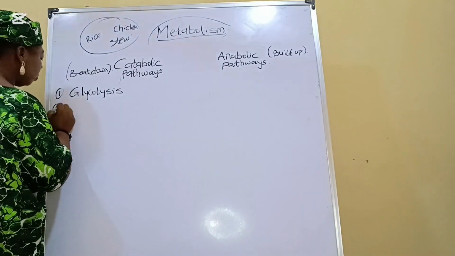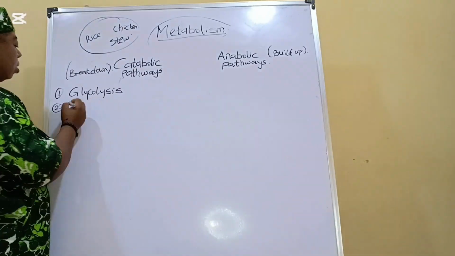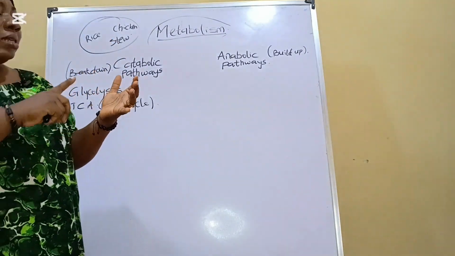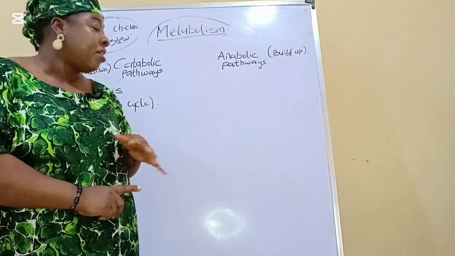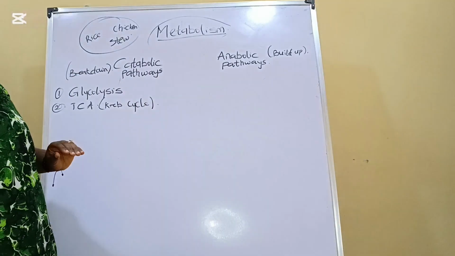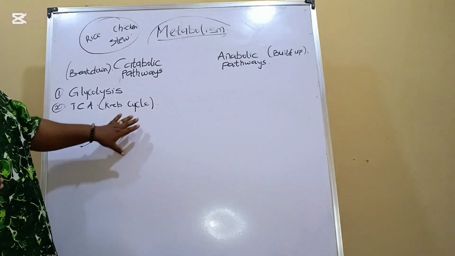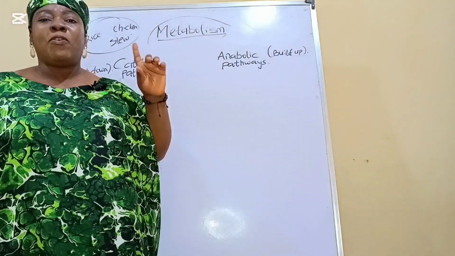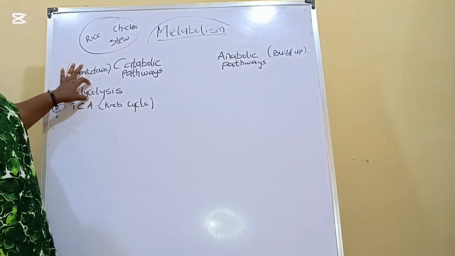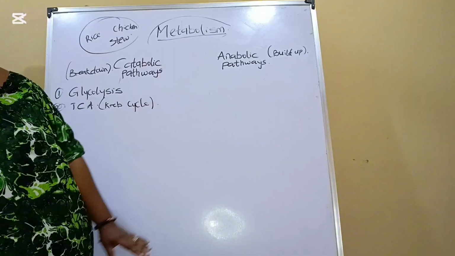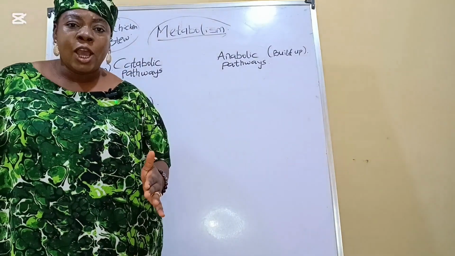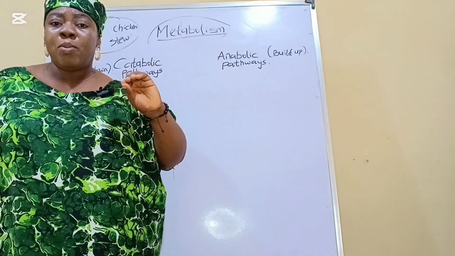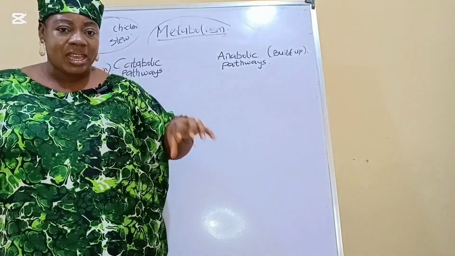Number two, we have the citric acid cycle. It is also known as the Krebs cycle. What happens in this pathway is that our product from glycolysis, which is pyruvate, will be converted to acetyl CoA by the work of the pyruvate dehydrogenase complex enzyme.